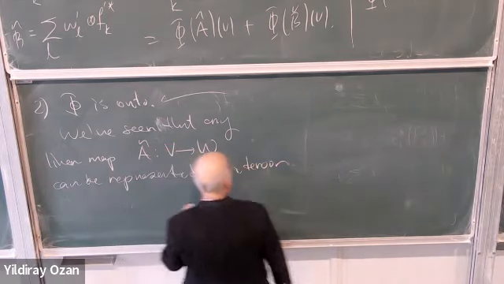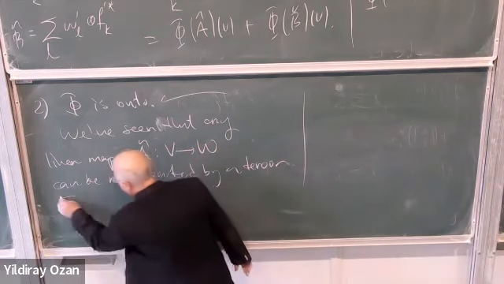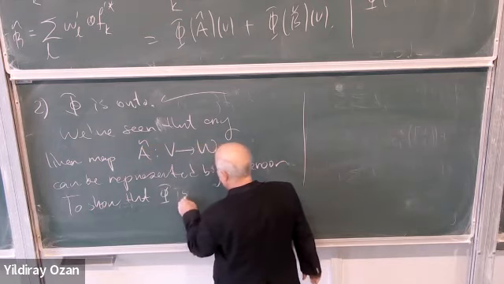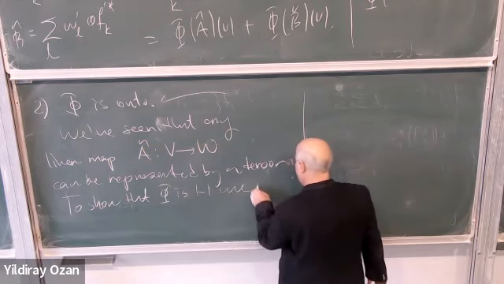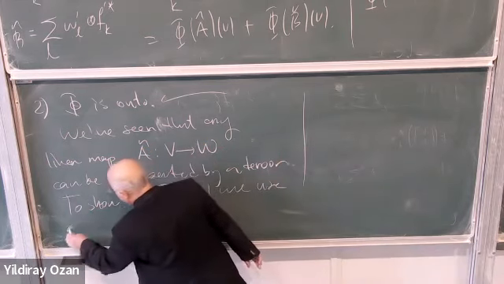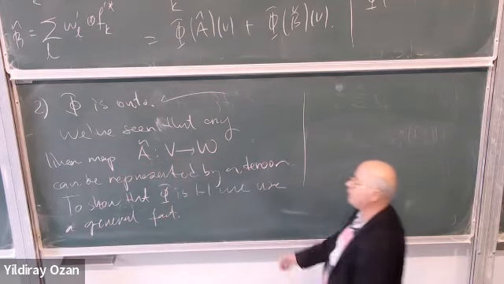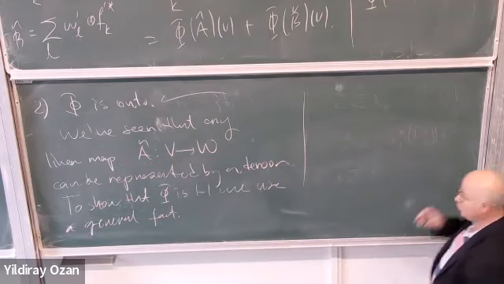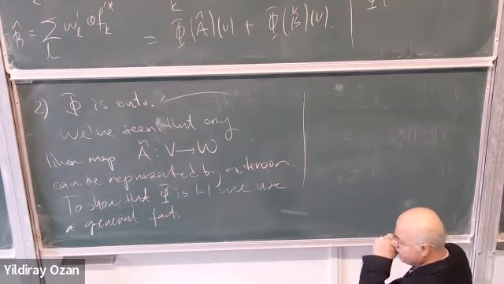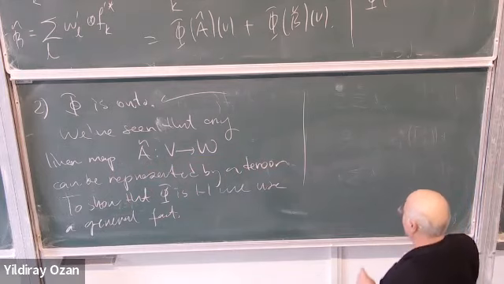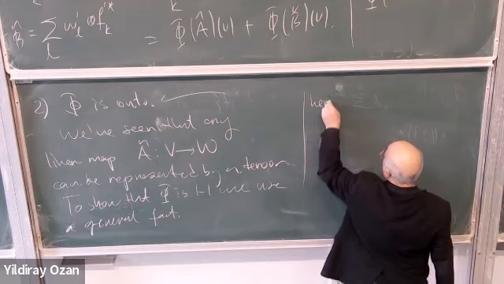Okay. So here, to show that this map is one-to-one, we use a general fact. Let me write it as a lemma.